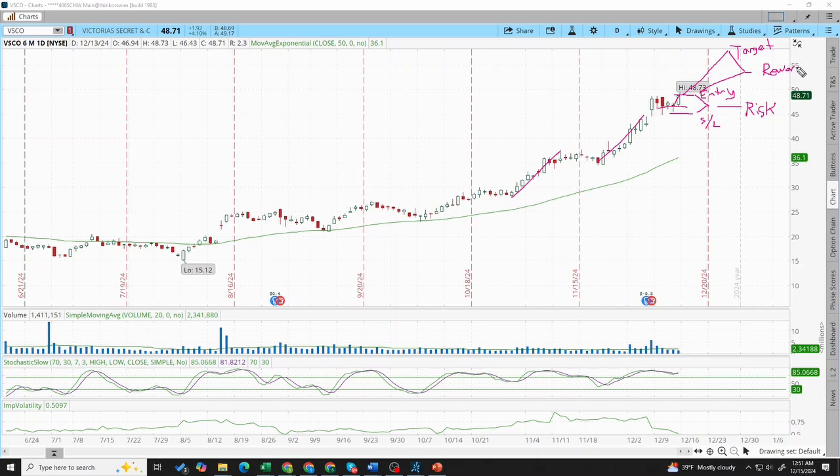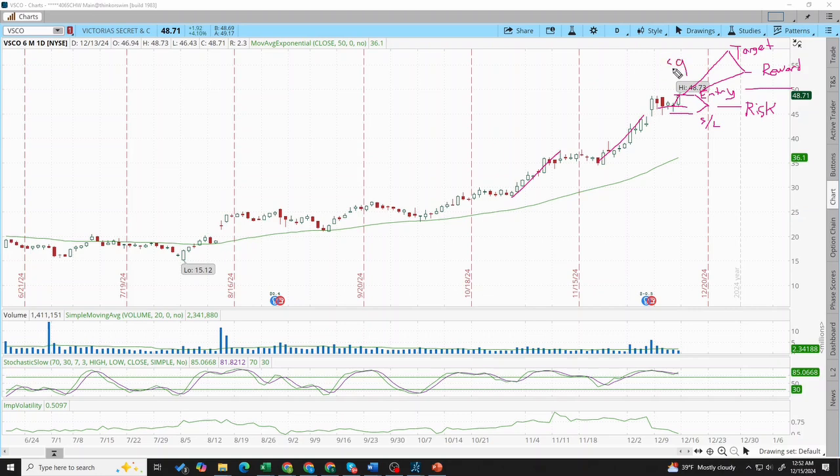So if you ever ask, how do I get a reward to risk ratio? There it is. So if I'm getting in at 48.73, 48.75, we'll call it, I'm getting out at 57.75. That's 9 points.